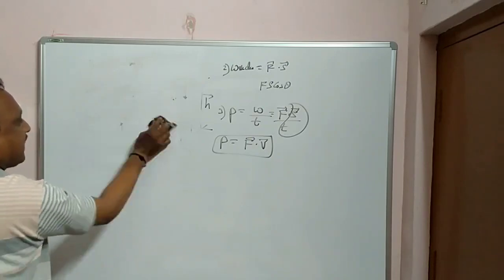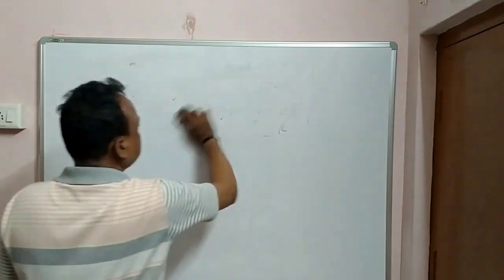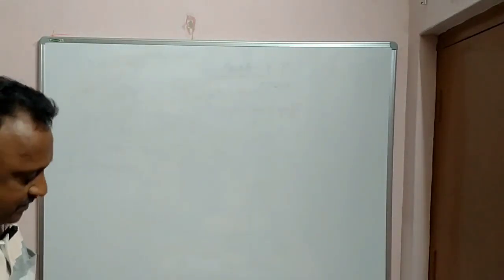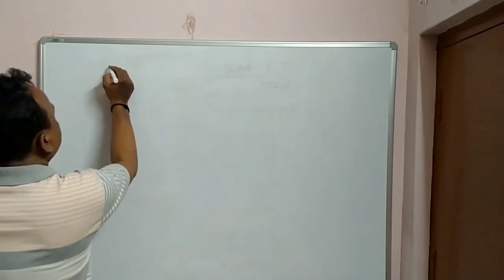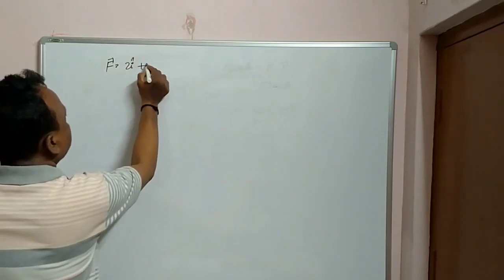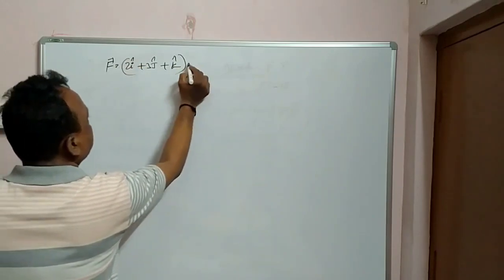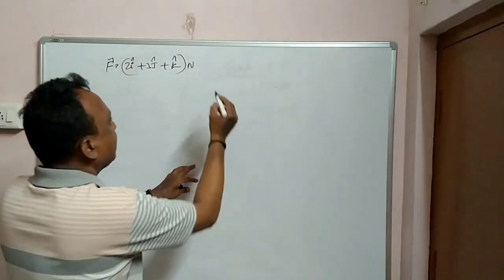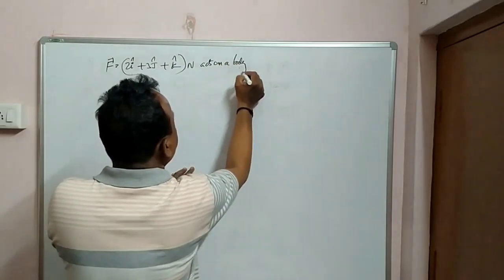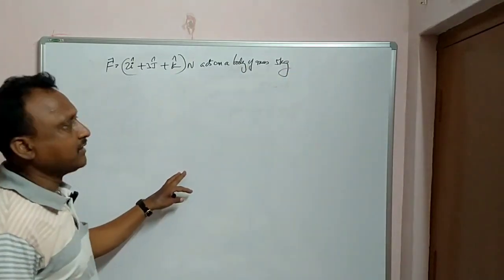Now we will try to solve a small numerical using the dot product of two vectors. For example, note down this problem, all of you. A force of 2i plus 3j plus k newtons acts on a body of mass 5 kg.